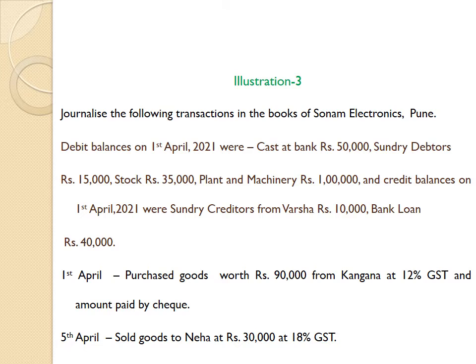Debit balances on 1st April 2021 were cash at bank rupees 50,000, sundry debtors rupees 15,000, stock rupees 35,000, plant and machinery rupees 1 lakh, and credit balances on 1st April 2021 were sundry creditors Varsha rupees 10,000, bank loan rupees 40,000.